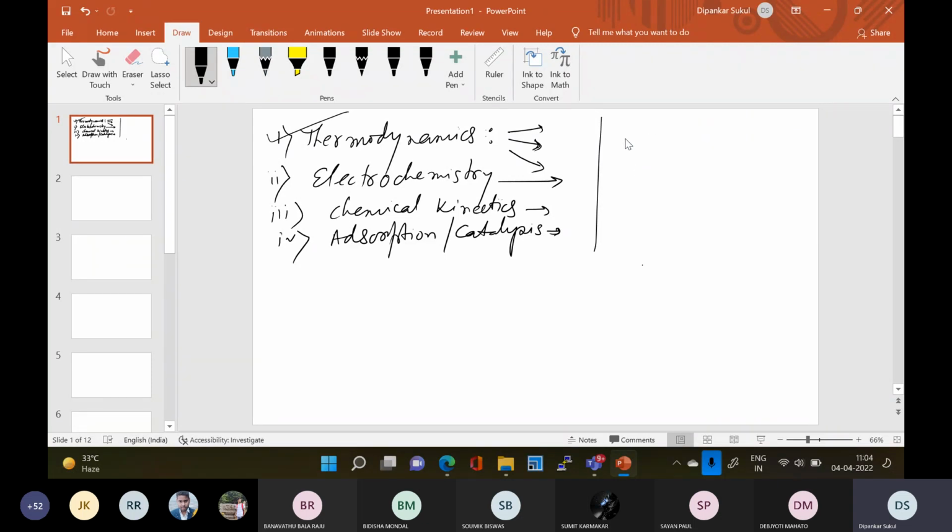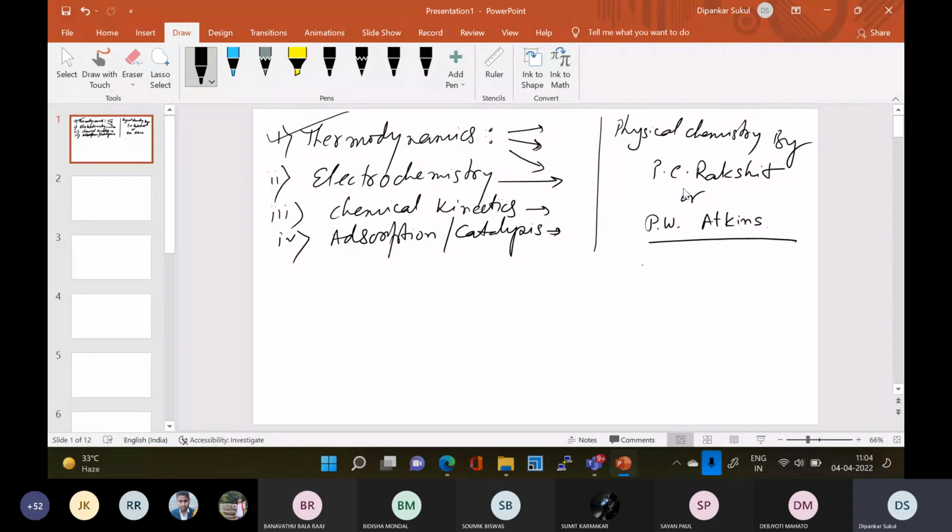Apart from that study material, I will strongly suggest you go through any one of the following books: either Physical Chemistry by P.C. Rakshit, or Physical Chemistry by P.W. Atkins, or K.L. Kapoor.